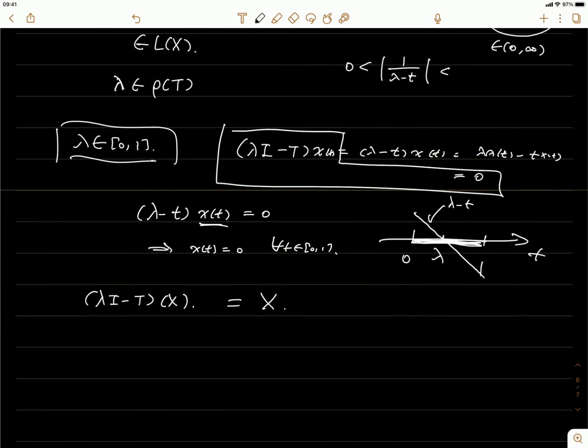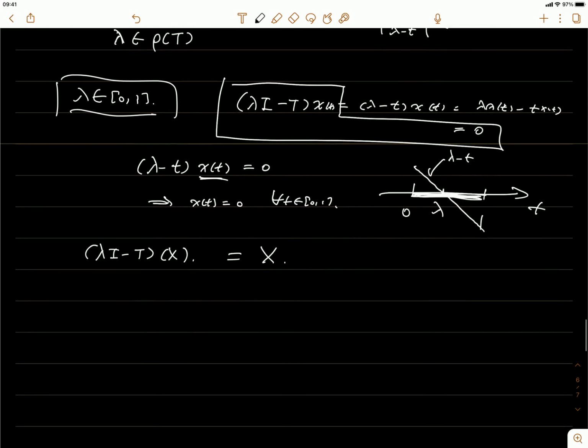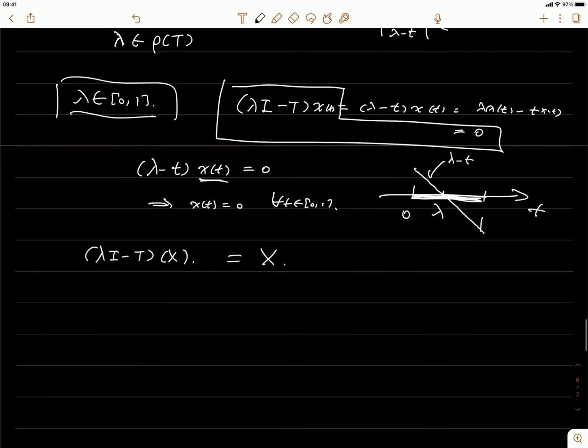But the question is, right now we showed that, how should I say this? There's no way that you can get, say for example, a constant function here. Let's say just the constant function 1 in that space X. That means I have a function, this is t, always taking value 1. This is my function.